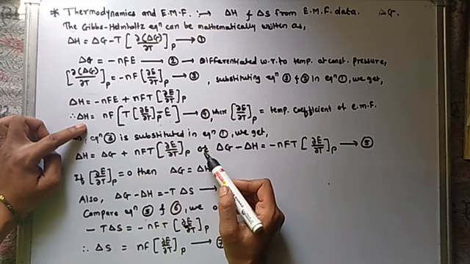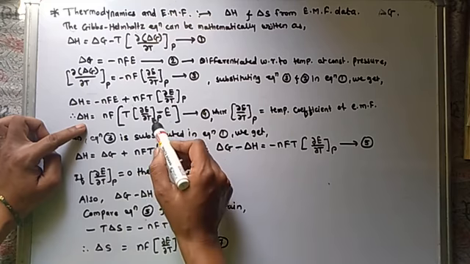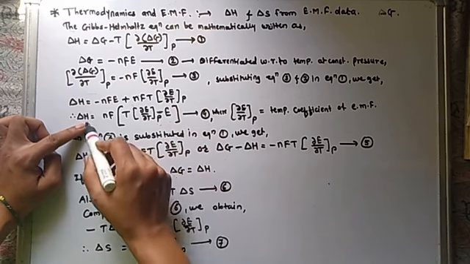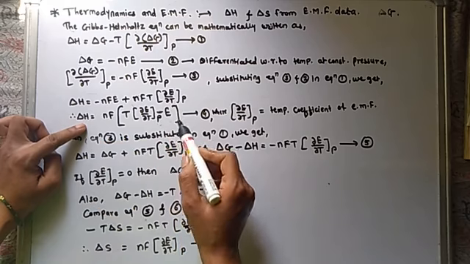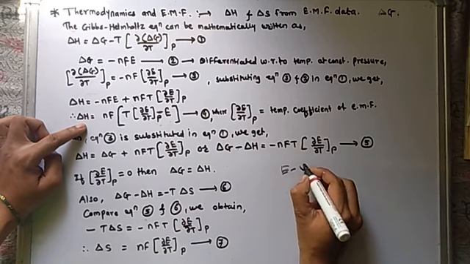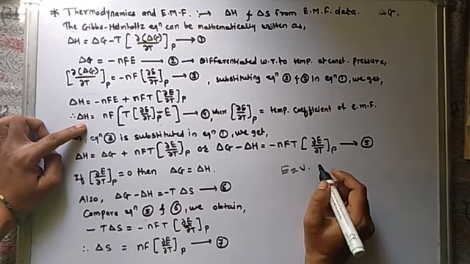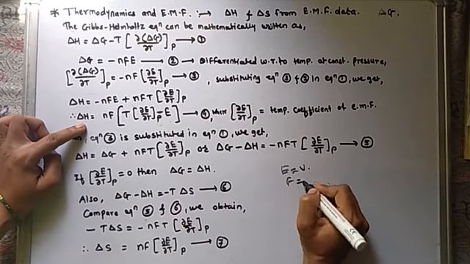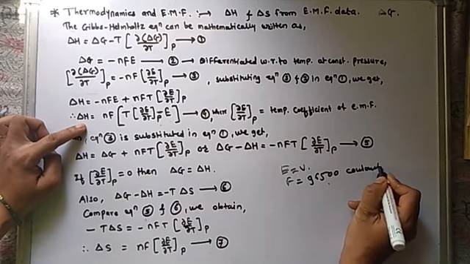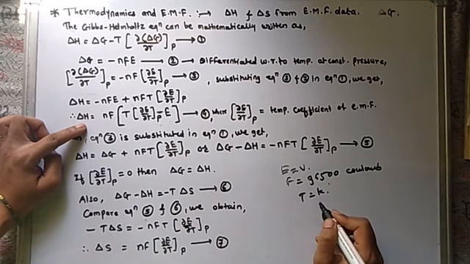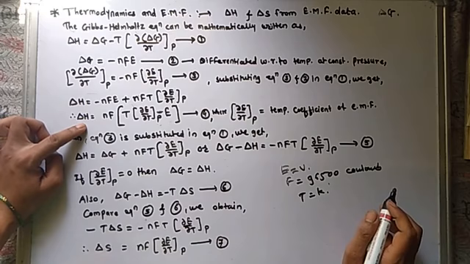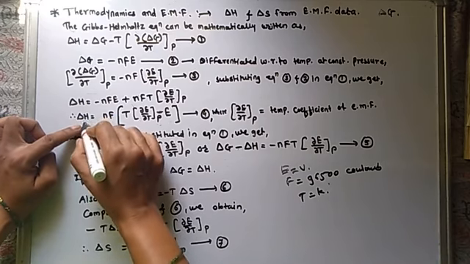Also, the temperature coefficient of EMF of the reaction can be known with the knowledge of delta H and E, when E is substituted in volts, F is substituted in coulombs, that is 96500 coulombs, T in Kelvin, and ∂E/∂T at constant P in volts per Kelvin. Then we obtain delta H in joules.